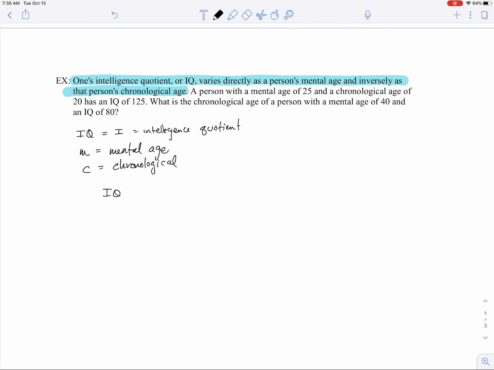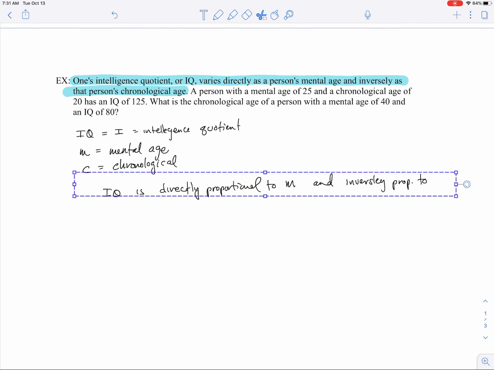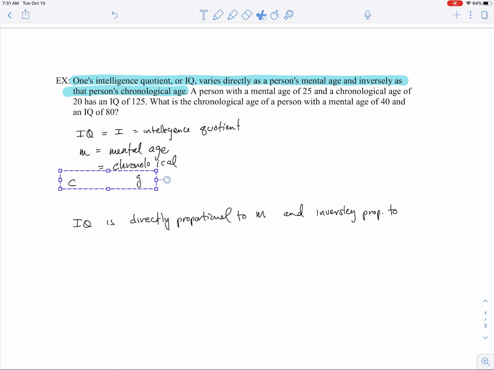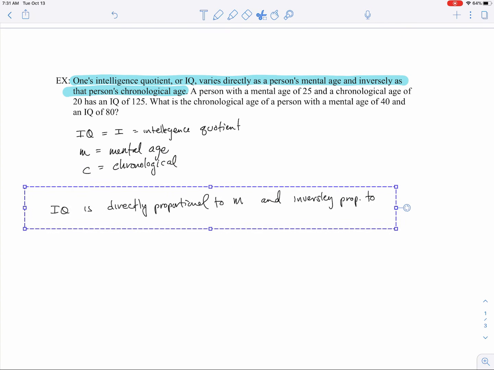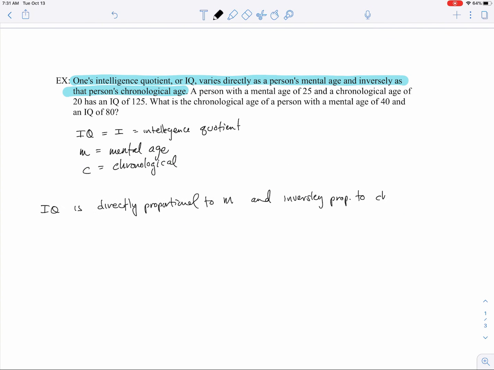Another way to write this is the IQ is directly proportional to the mental age and inversely proportional to, I want to get this all on one line here, chronological age.